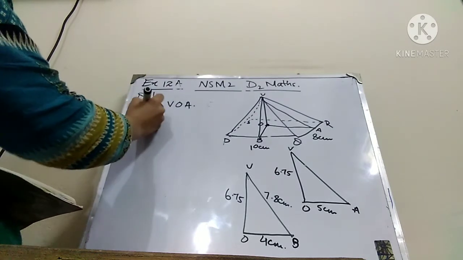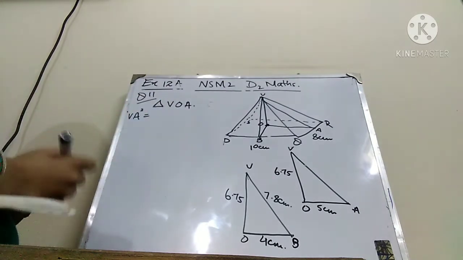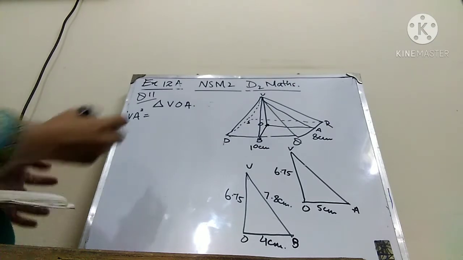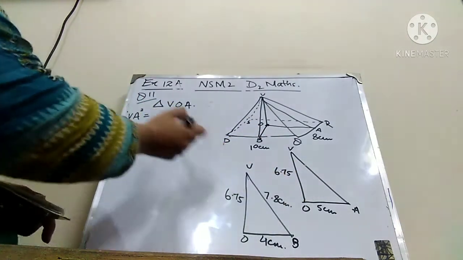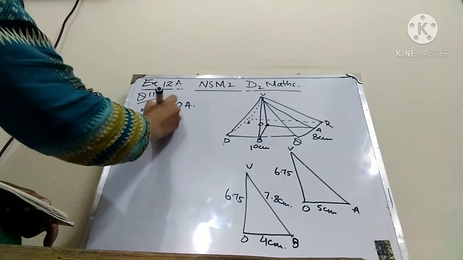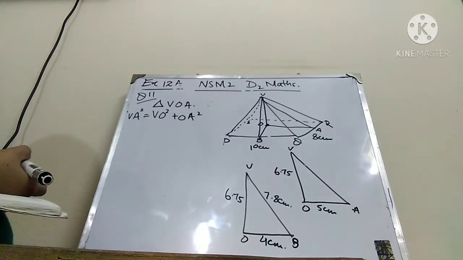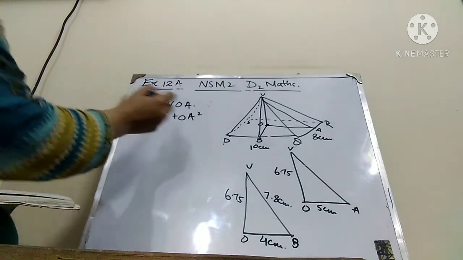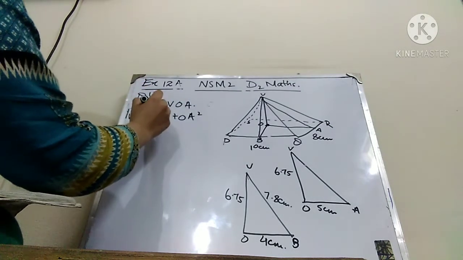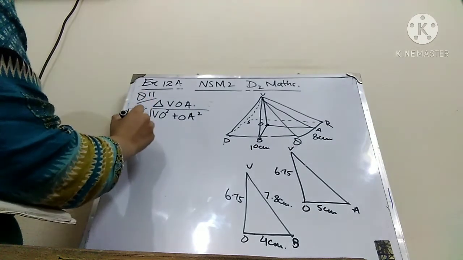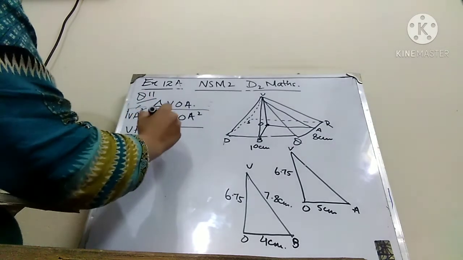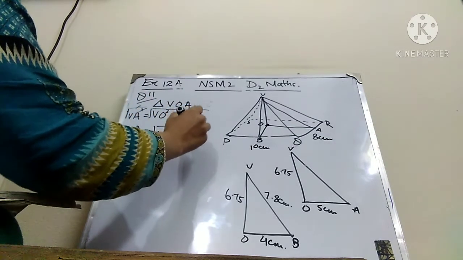The same formula: the square of the third side is equal to the sum of the squares of the other two sides, so VA square is VO square plus OA square. As I just have to find VA, I will take the square root on both sides. So this square and square root will cancel each other. So VA will be equal to the square root of VO square plus OA square.